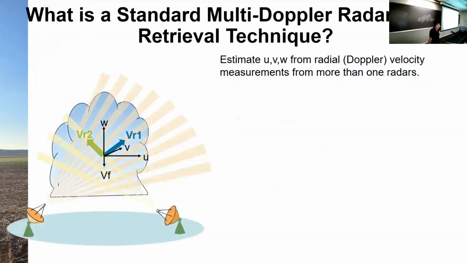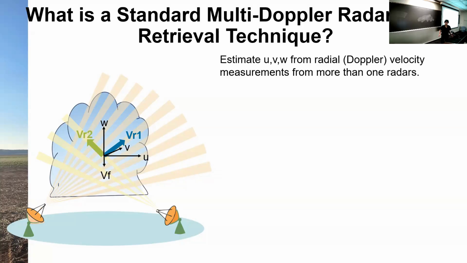So here I'd like to talk a little bit about the basics of multi-Doppler radar wind retrievals. This technique uses the Doppler velocity from more than two radars. One radar observes the radial velocity only, the radial direction, not the actual threaded wind. But when we use two radars located at different sites, using the radial velocity from this radar and the radial velocity from this radar, then we can estimate the UVW.